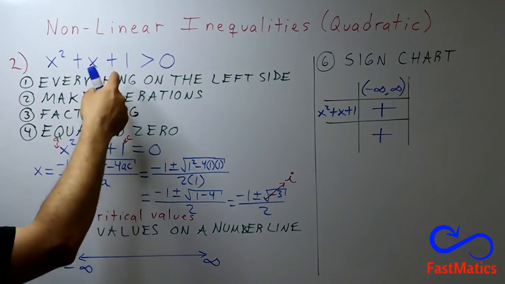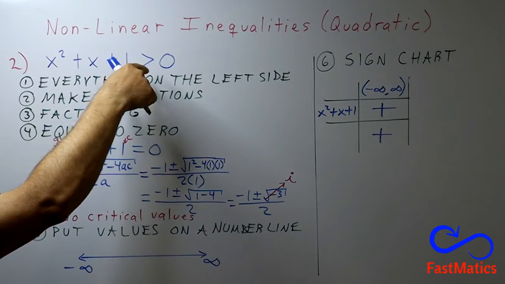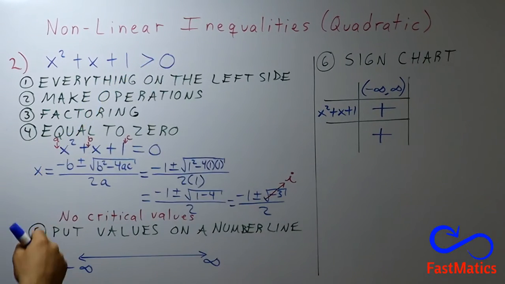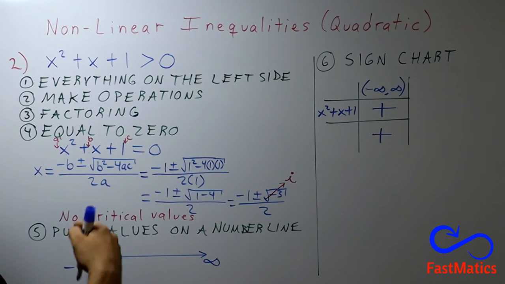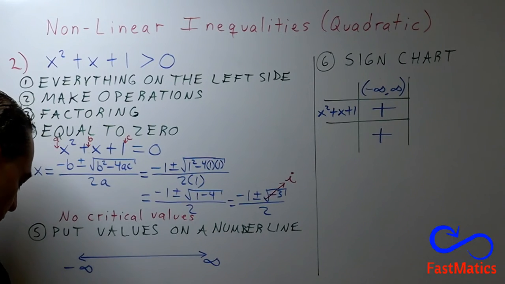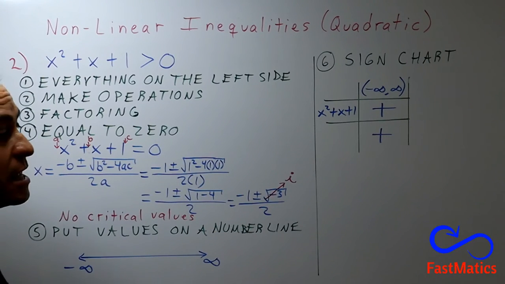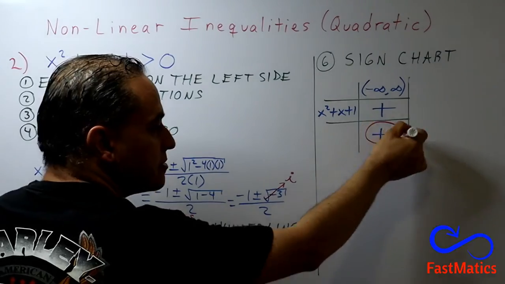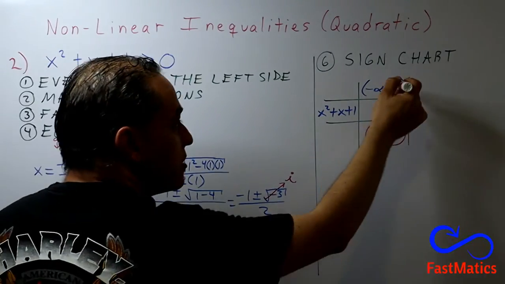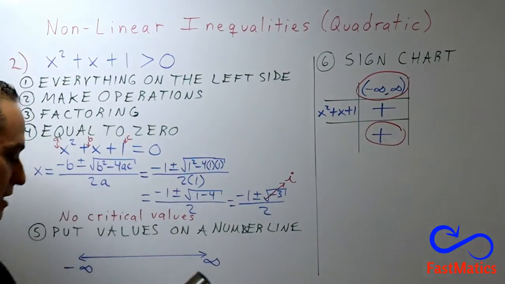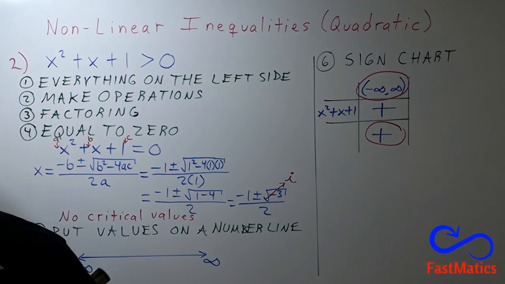And here you have one expression greater than 0. What are the numbers greater than 0? Positive numbers or negative numbers? Positive numbers. That is, the answer is here. So the answer will be from negative infinite to positive infinite.